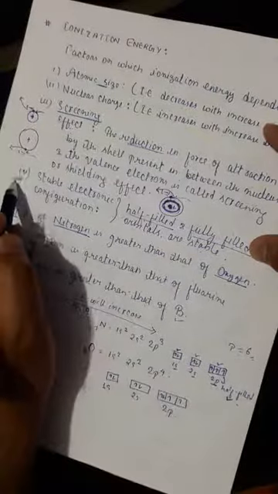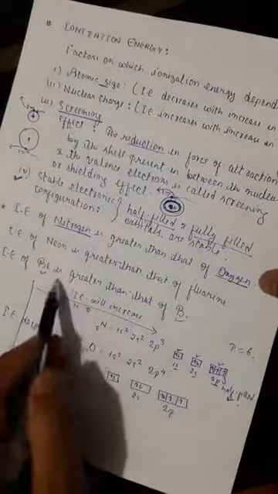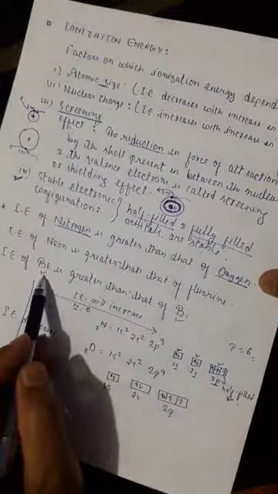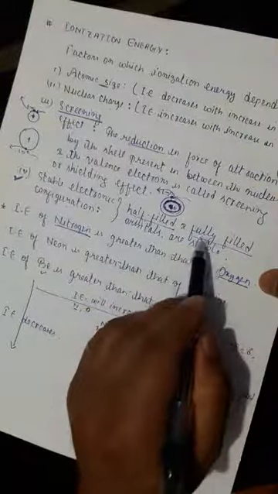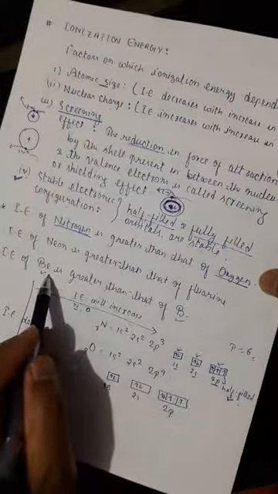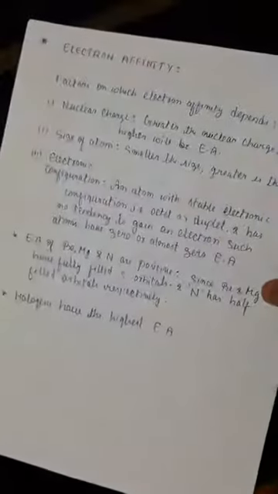The fourth point gives us the answer for this particular question, because it is again based on half filled and fully filled orbitals. In your book, write the electronic configuration and you will understand it, and the explanation is given properly in the book. Please refer to it.